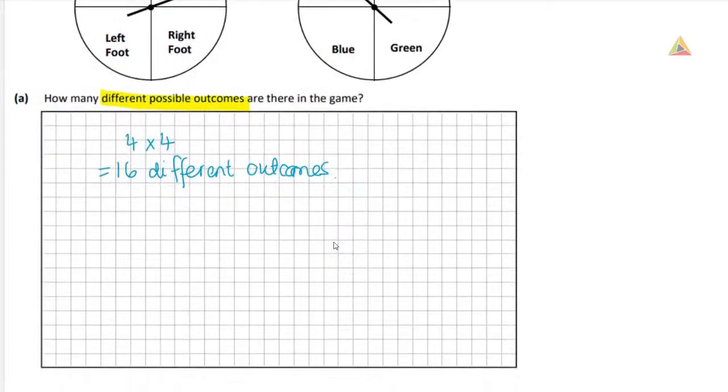Now, this is the size of the box that was given on this Leaving Cert question, because they were giving you the possibility that you could write out left foot blue, left foot green, left foot yellow, left foot red, right foot blue, right foot green, and so on, and list all your possible outcomes. But it's much quicker to use the fundamental principle of counting there and just give how many outcomes there are.